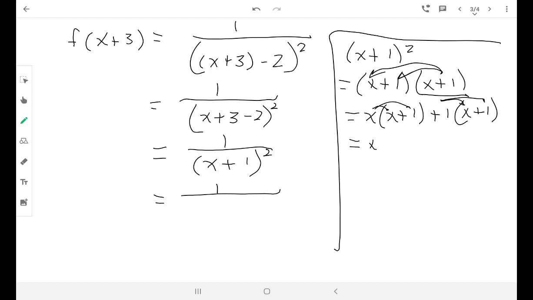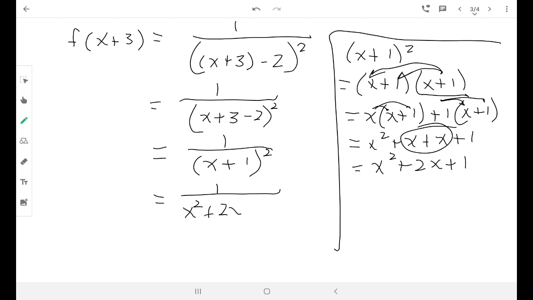So x times x is x squared, plus 1 times x is x, plus 1 times x is x, plus 1 times 1 is 1, so I get x squared plus, and then x plus x is 2x plus 1. So I can write it without the parentheses now, x squared plus 2x plus 1.